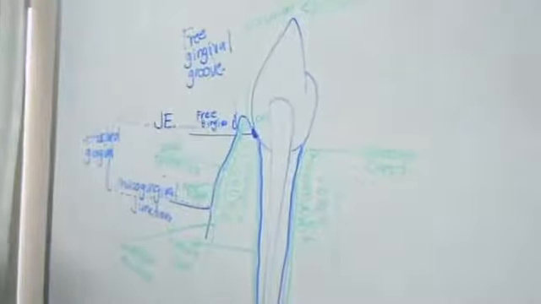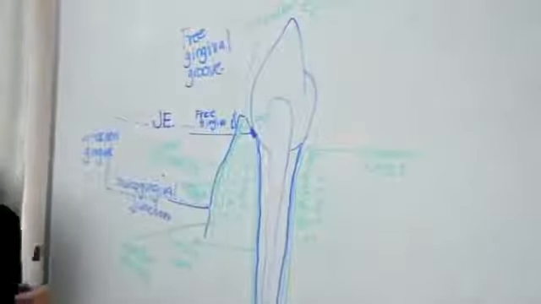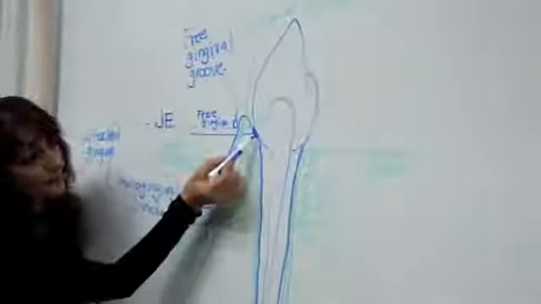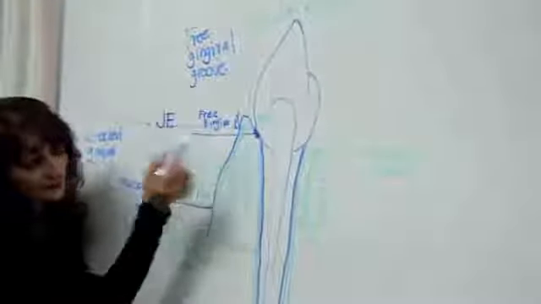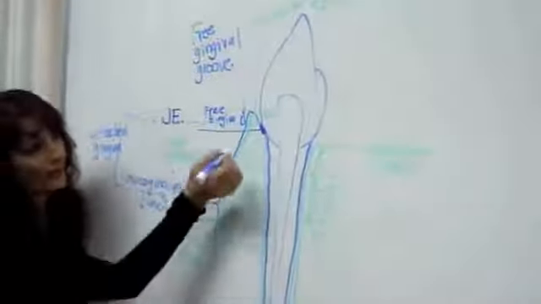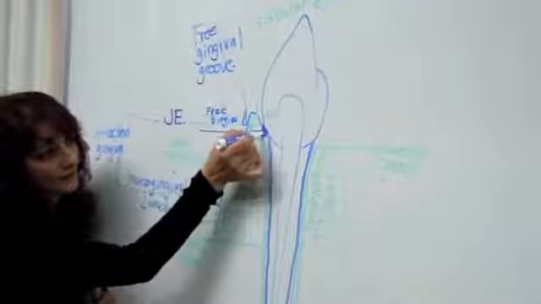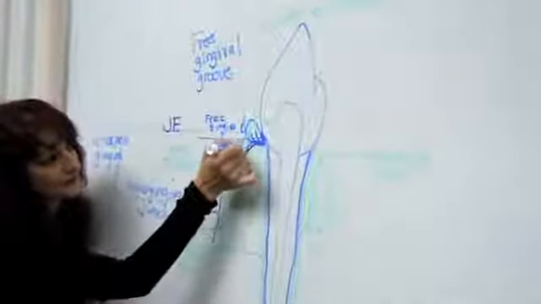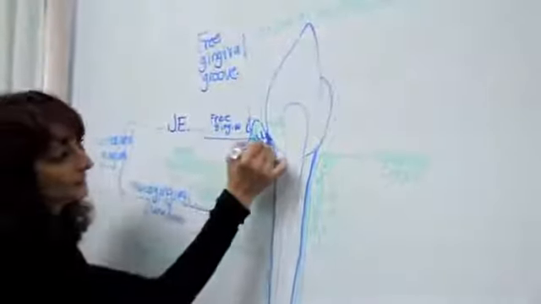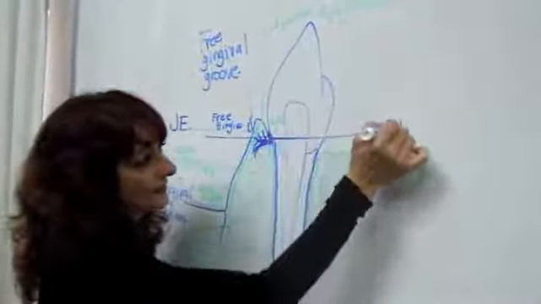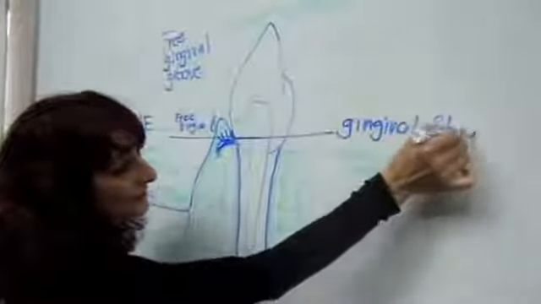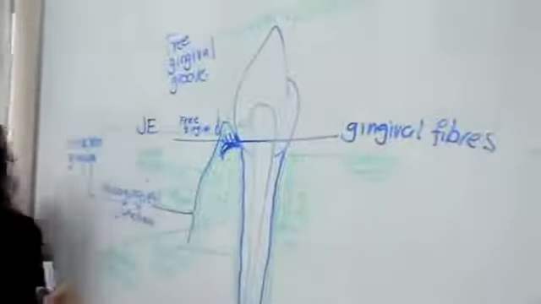Okay, now all that's left really, that little space and that 2 millimeters from the base of the junctional epithelium to the tip of the alveolar crest, we have what? Gingival fibres, that's right. So they come off in all different directions. So there's our gingival fibres. Sorry I didn't have the red marker because that would have represented it a lot better.